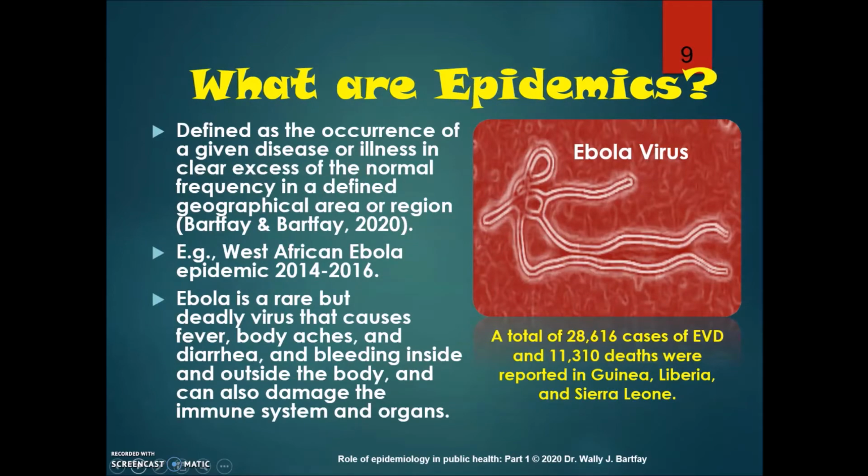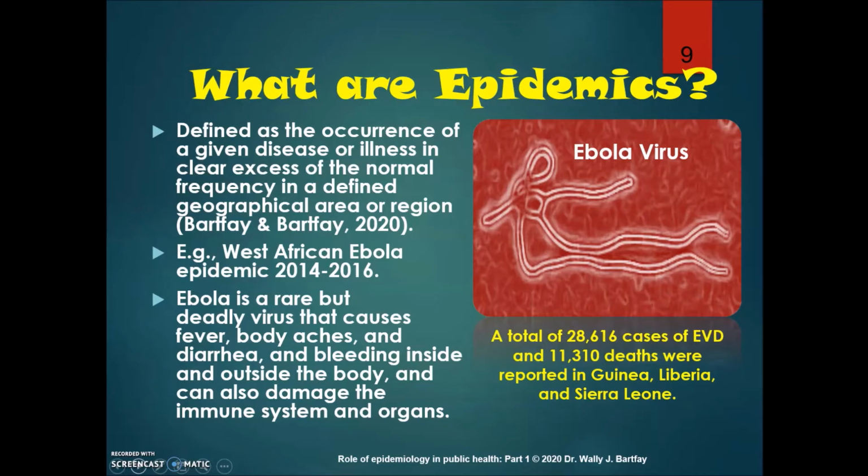What are epidemics? Well, epidemics are defined as the occurrence of a given disease or illness in clear excess of the normal frequency in a defined geographical area or region. So an example might be the West African Ebola epidemic from 2014 to 2016.